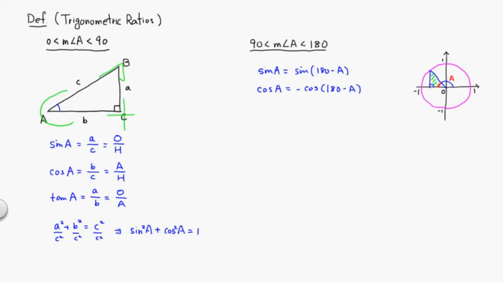Oh, by the way, tangent of A is the same thing as sine of A over cosine of A.